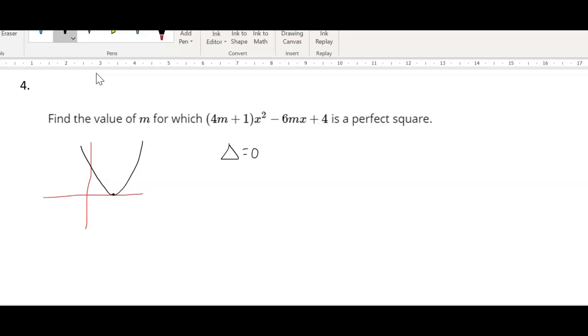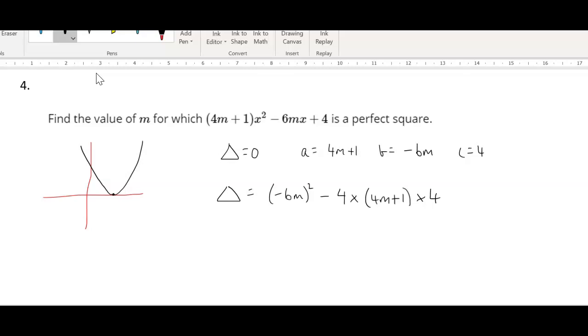So in our equation, your value of a is equal to 4m + 1, b is equal to −6m, and c is equal to 4. So the discriminant is equal to b² − 4ac, so (−6m)² − 4 times (4m + 1) times c.